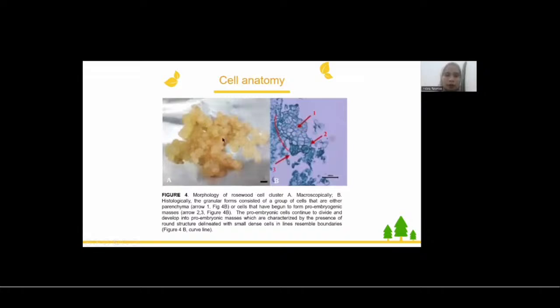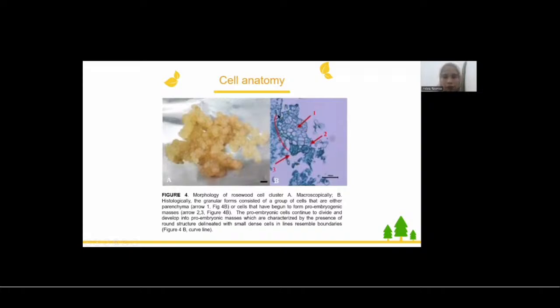The cell anatomy. This is the cell of callus of rosewood, and this is the histology of the cell. We can see in number 1, the cell is a big parenchyma, and number 2 and number 3 are beginning to form proembryonic mass, and we can see the curved line.